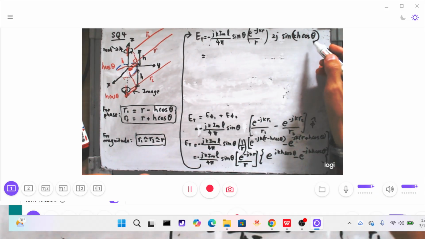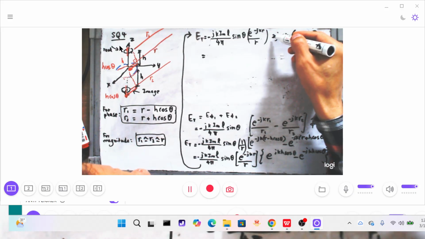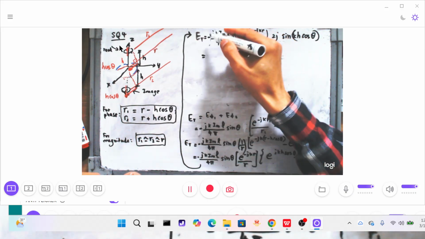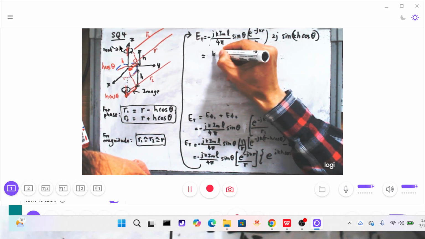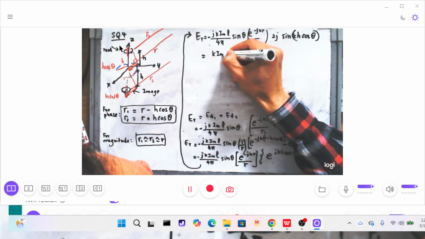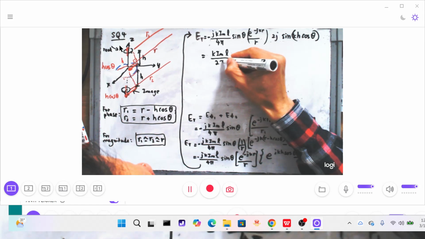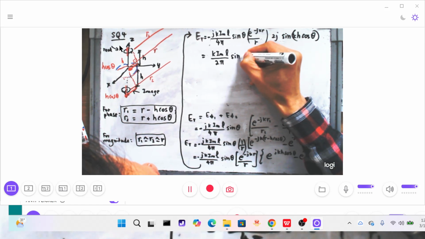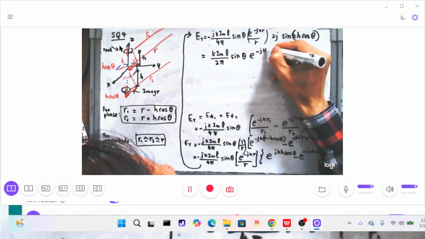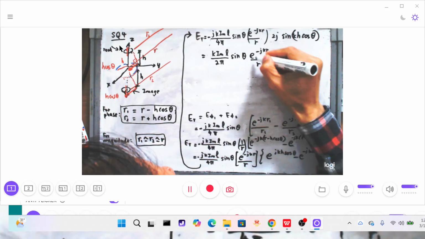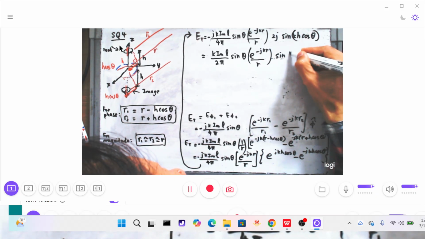So these two can cancel out, and j times minus j is minus one, and the minus here is deleted. So 2 pi then sine.